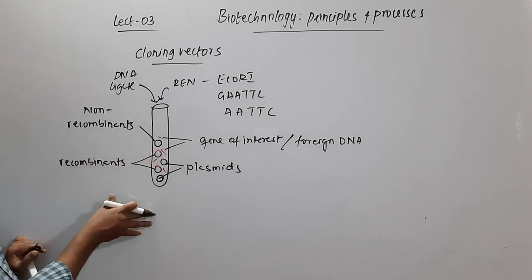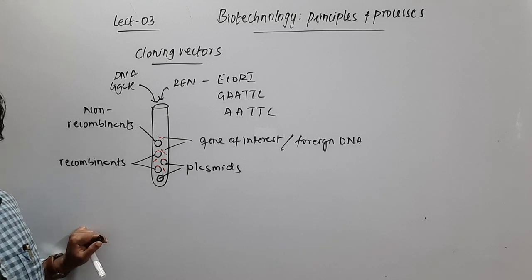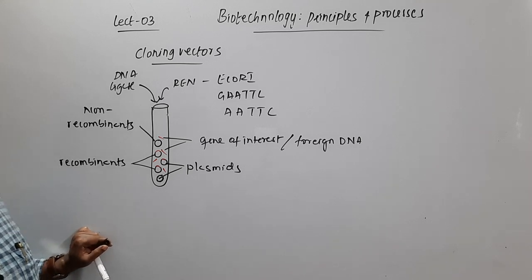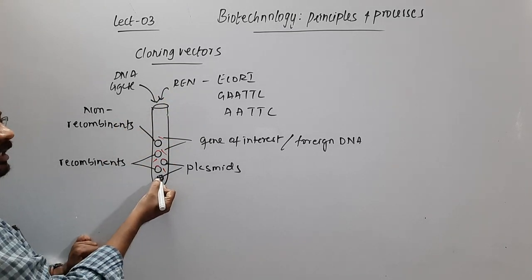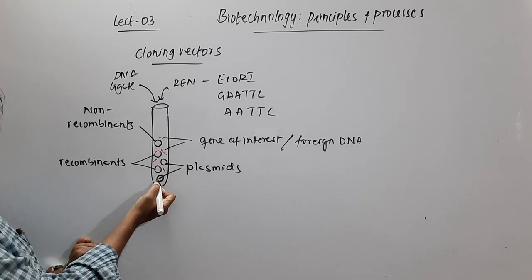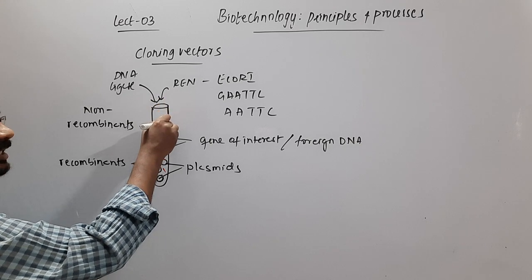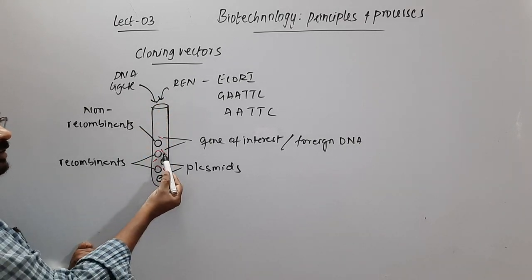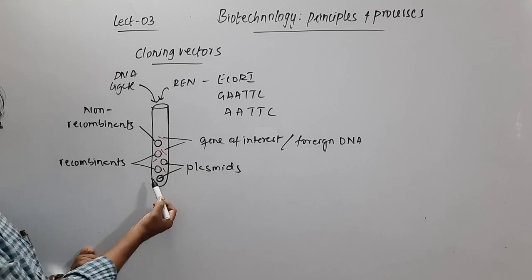who did not take. There is no rule that all the plasmids need to take that foreign DNA. So when I add the restriction endonuclease, it is going to cut the plasmids and open them, and after applying the DNA ligase, this foreign DNA will get ligated to the plasmids, but not all.